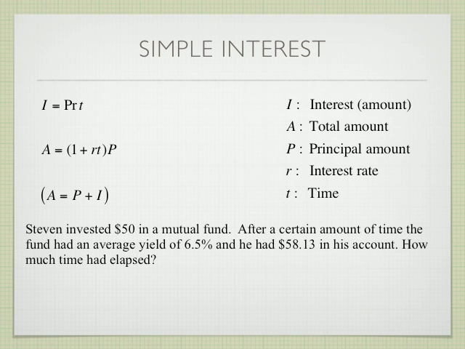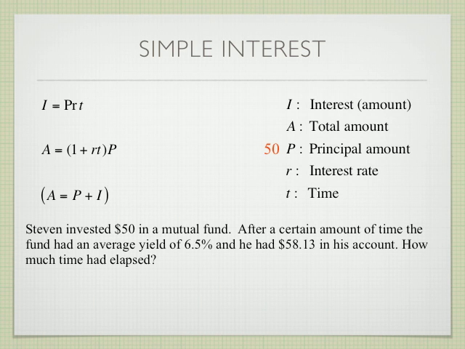Okay, Stephen invested $50 in a mutual fund. After a certain amount of time, the fund had an average yield of 6.5%, and he had $58.13 in his account. How much time had elapsed? Let's fill in our blanks. Go ahead and pause the video and do it on your own. Okay, he invested $50. That's the amount of money at the beginning of the story.